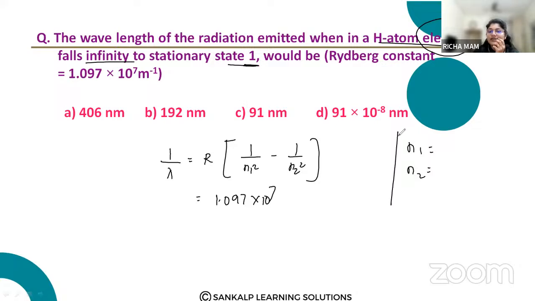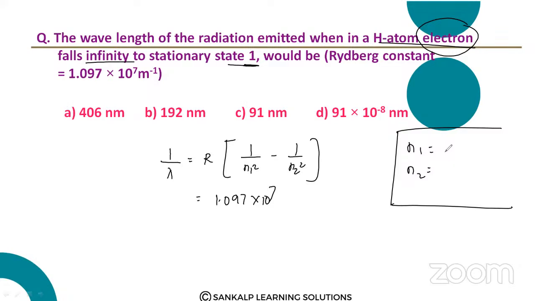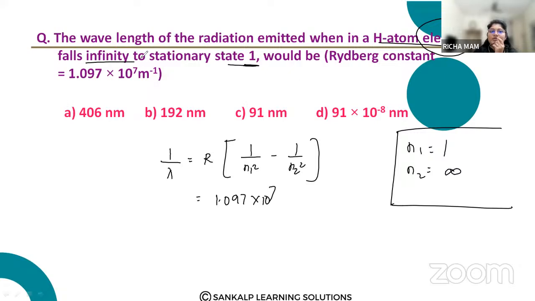N1 is 1, ma'am. N2 is 2 to infinity. Yes, it is infinity because I have directly told, right? It is falling from infinity to 1. So our N2 is infinity, N1 is 1.